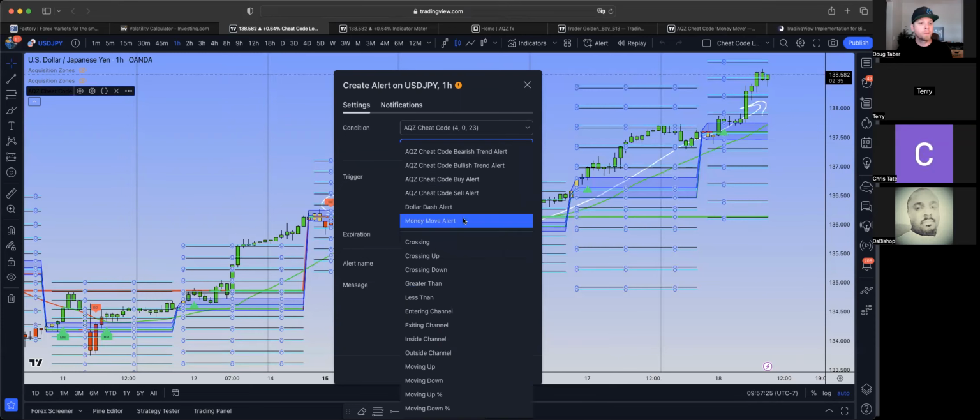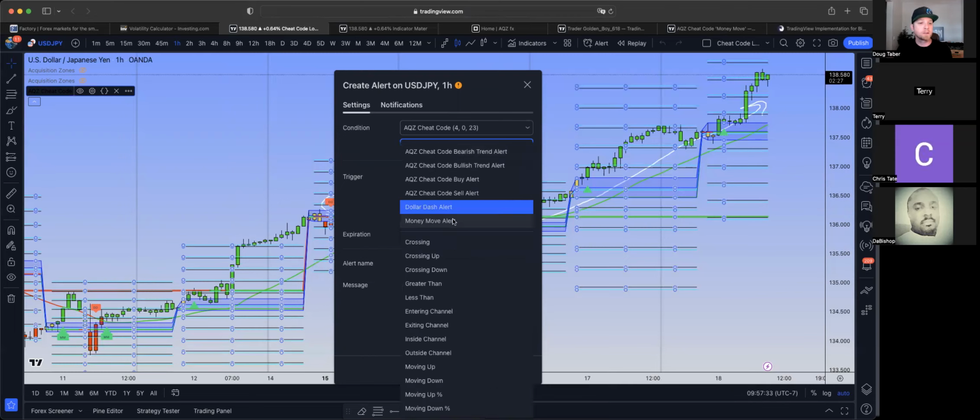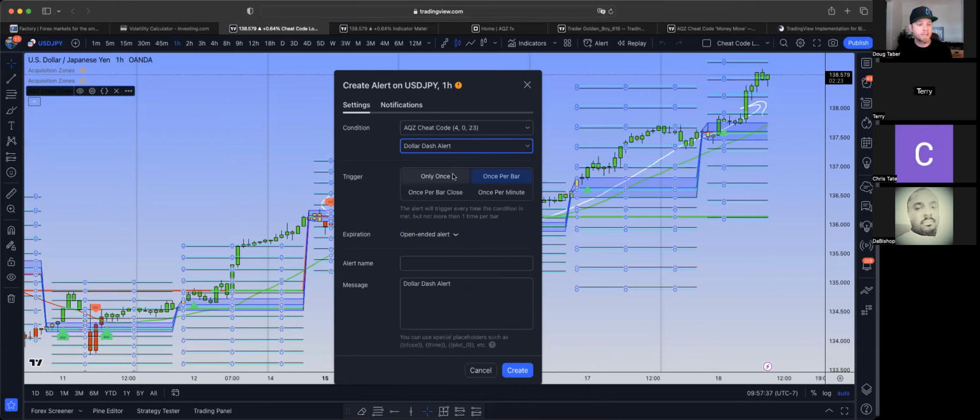Okay, both money move and $dash, the buy and sell alerts are combined in one, so you don't have to do the buy and sell separately. You can just set a $dash and a money move on all the pairs that you want to set it on. And if it's open-ended, you don't have to set them again.